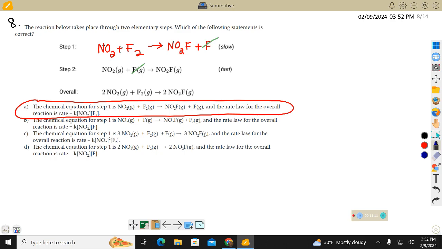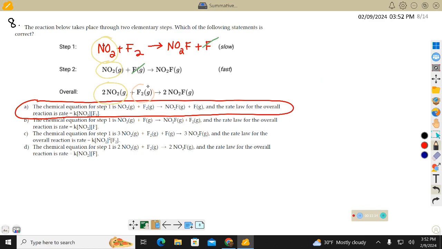So in other words, I want 2 molecules of NO2 on the reactant side. I've got 1 in step 2, so I need to add another one to my step 1 of the mechanism. I want that F2 also on the reactant side.